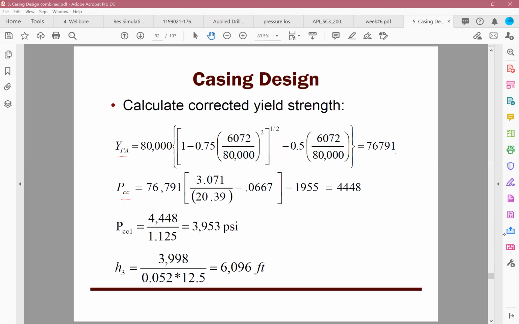Find what equation you need to use, because outer diameter to thickness hasn't changed. Use the plastic collapse equation, but this time with 76,000 yield strength. Calculate the new collapse rating divided by 1.125 design factor, 3,955. I don't know why these numbers are messed up here. And let me see what number I get here.